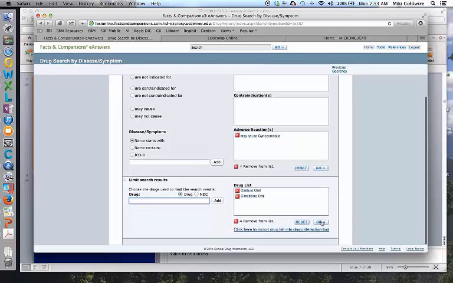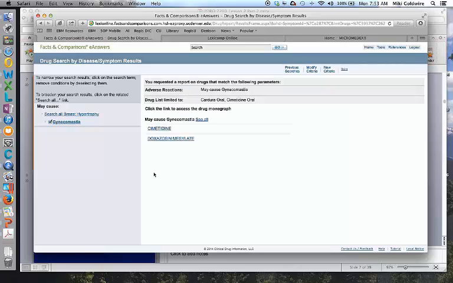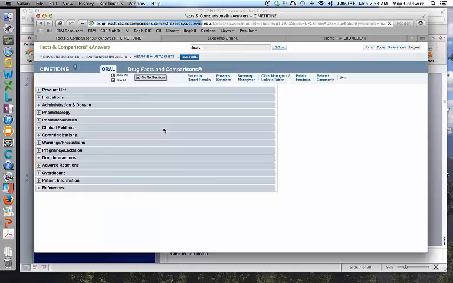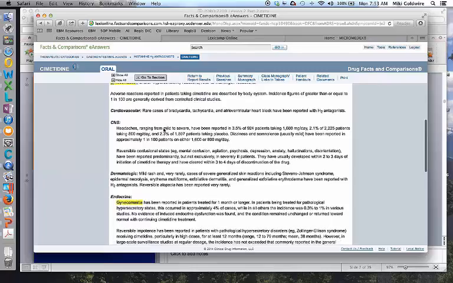Then I can hit Go. And I can see that both of these drugs have been linked to gynecomastia. So what I want to do is click on the hyperlink. I click on cimetidine, and it will bring me to the monograph where gynecomastia has been reported.